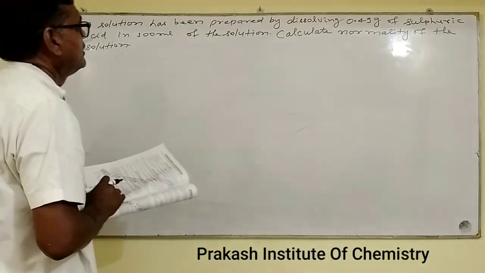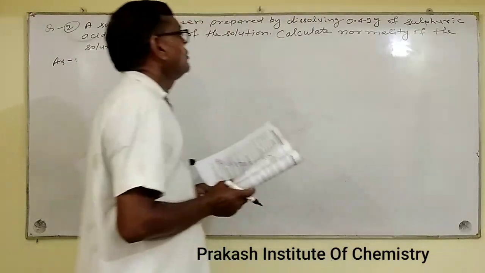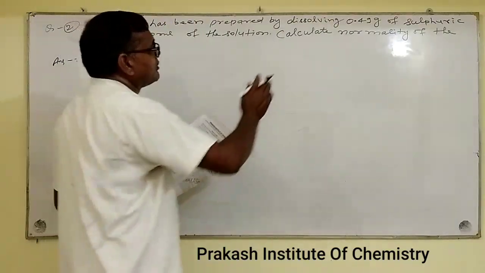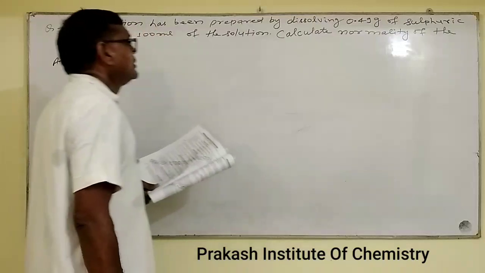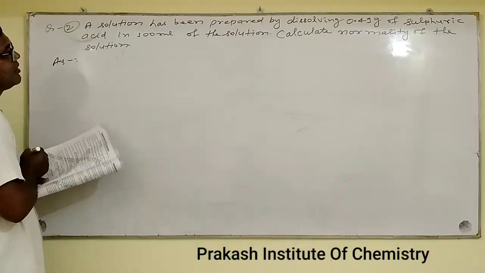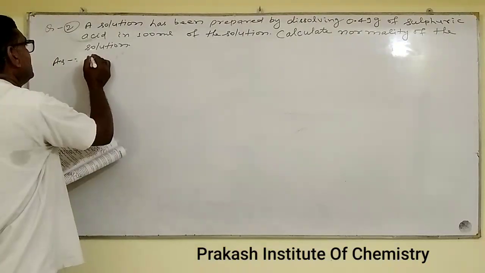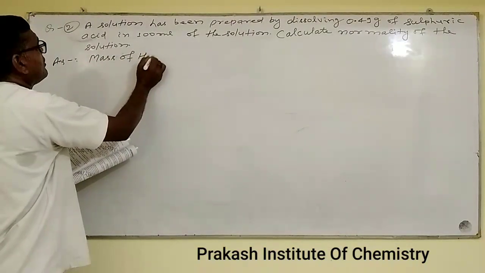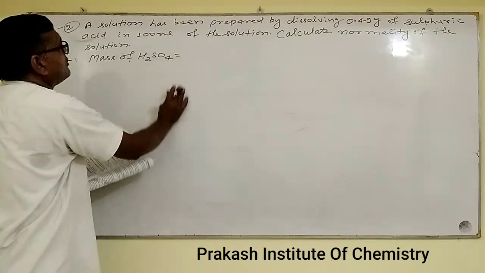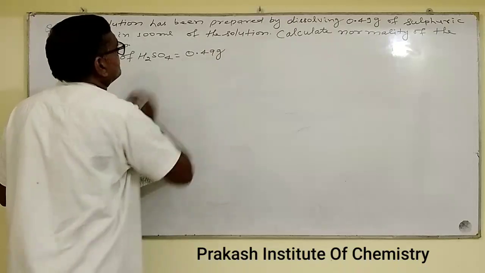In the question, sulfuric acid is solute. Mass of sulfuric acid is 0.49 gram. Molecular formula of sulfuric acid is H2SO4. Here we write mass of H2SO4 is equal to 0.49 gram.